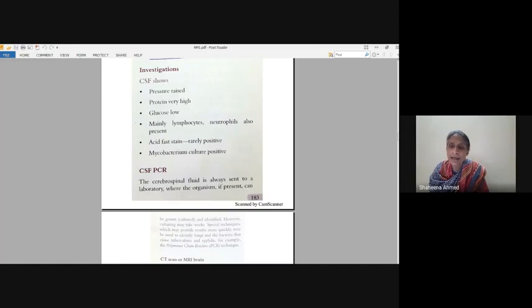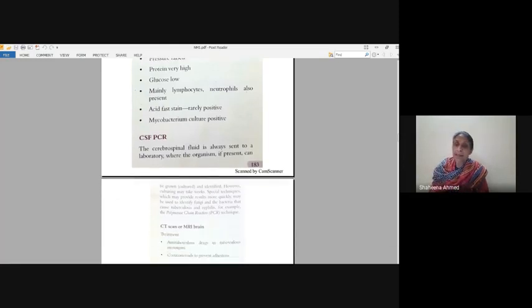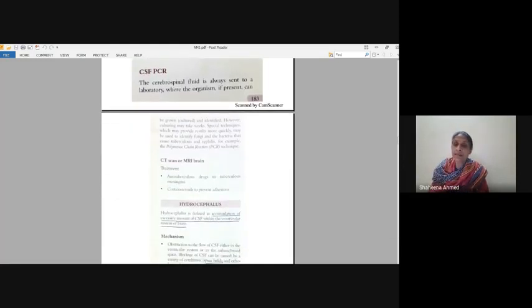Acid-fast stains are rarely positive, and mycobacterium cultures are more reliable because we see more positivity with cultures as compared to acid-fast stain. But the thing is that these cultures sometimes take a very long time.